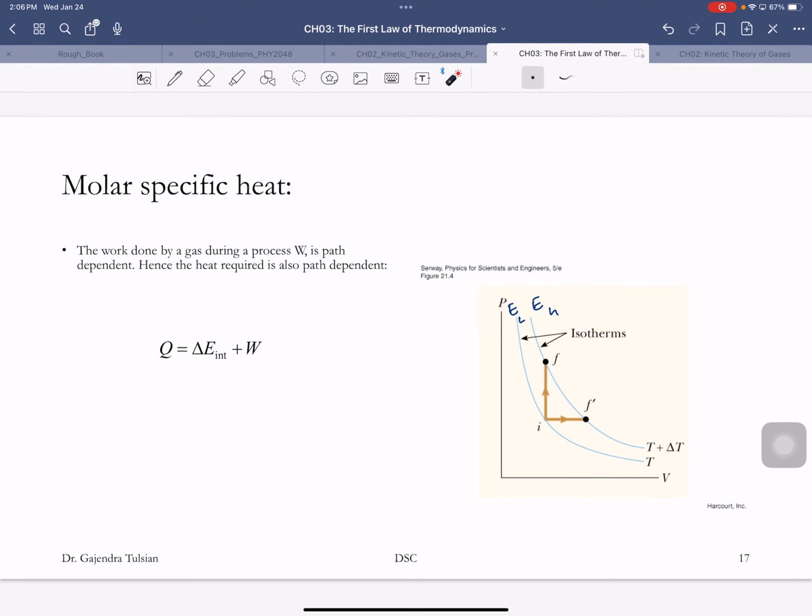So when I went from here to there along that path, I increased the internal energy by the same amount as if I went from here to there. What is the difference between this path and that path?